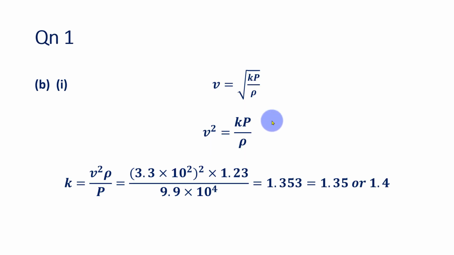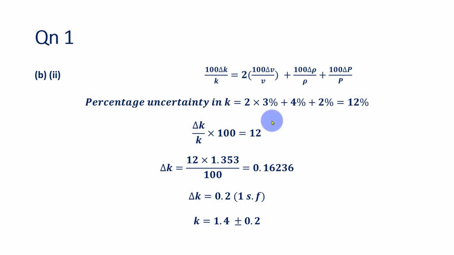And that is why the value of k must be written to two significant figures, okay, because the absolute uncertainty affects the second significant digit. It affects the second significant digit as shown. Remember that the value of the uncertainty affects the second significant digit, and that is why we must write k to two significant figures.